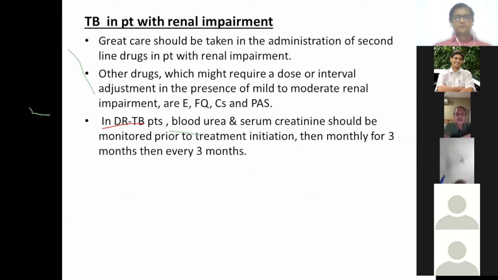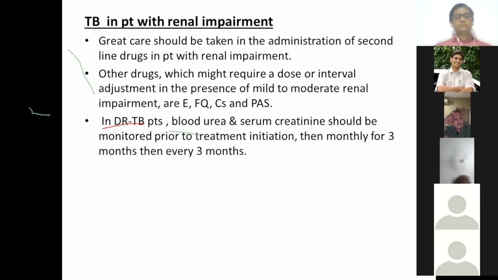TB in a patient with renal impairment. Great care should be taken in the administration of second-line drugs in patients with renal impairment. Other drugs which may require a dose or interval adjustment in the presence of mild to moderate renal impairment are ethionamide, fluoroquinolones, cycloserine and PAS.